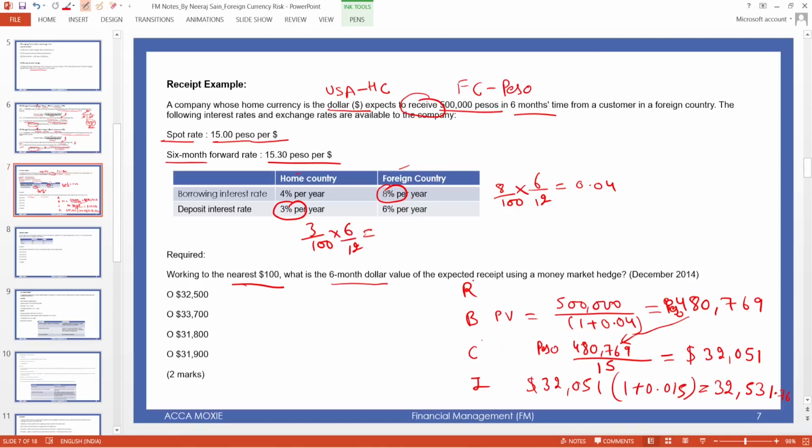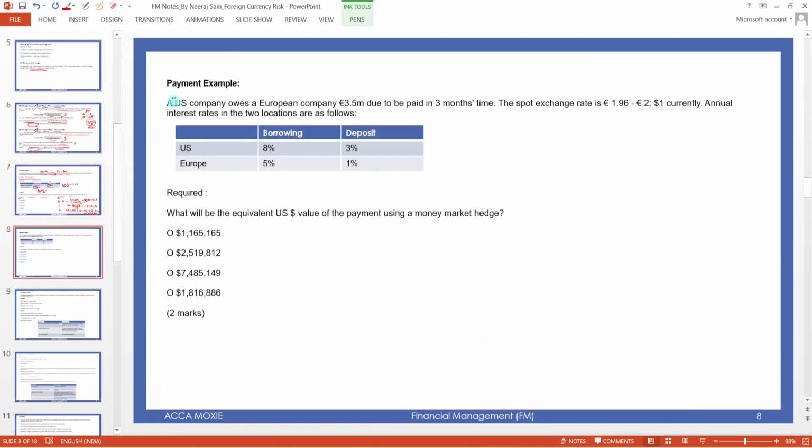This is the 6-month dollar receipt. After rounding off, this is the right answer. I hope everyone can understand this. Next, we will do the payment, and you can more easily understand this.